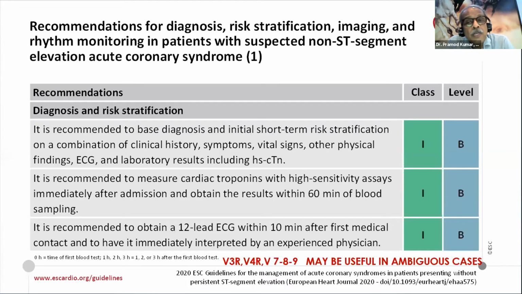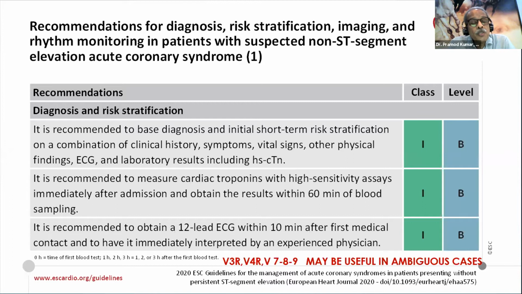The recommendation is a very important class 1 recommendation of the European Society of Cardiology: the diagnosis has to be based on a combination of clinical history, symptoms, vital signs, other physical findings, ECG, and laboratory results, including high sensitivity troponin.